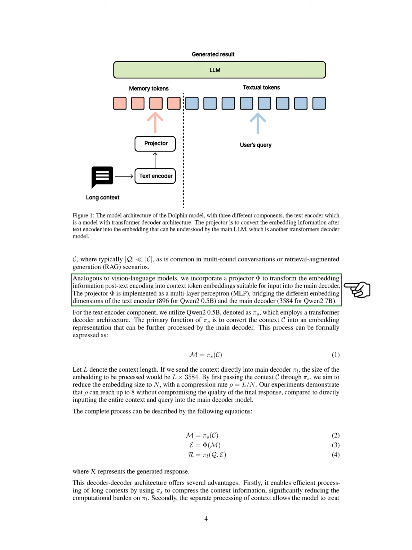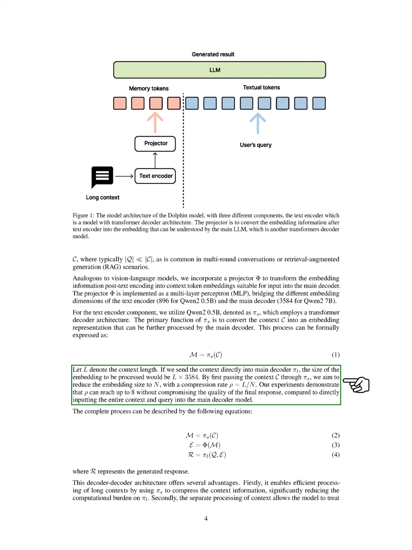For the text encoder, we utilize Qwen 2.0.5b, which transforms the context into an embedding representation for further processing by the main decoder. If we were to send the context directly to the main decoder, the embedding size would be proportional to the context length multiplied by the decoder's embedding size.